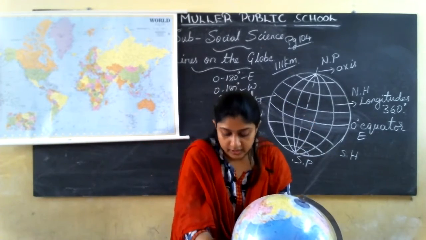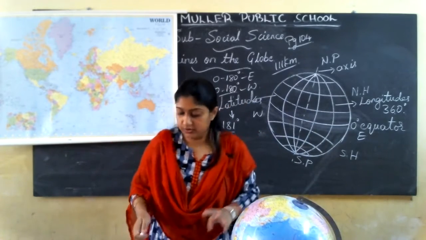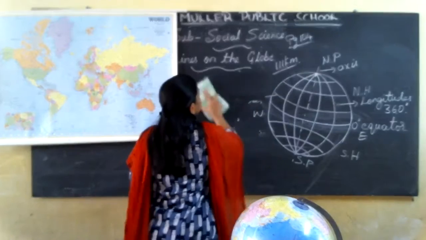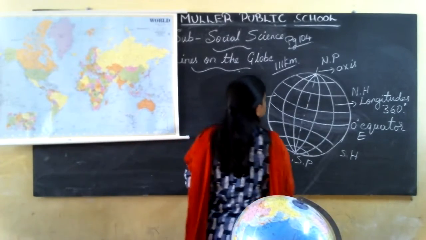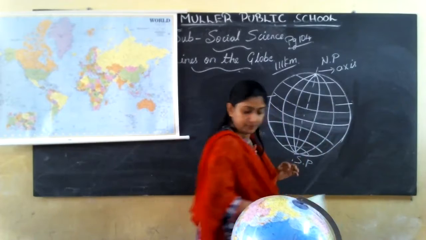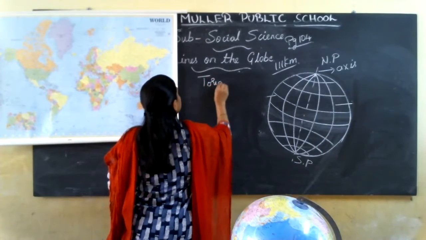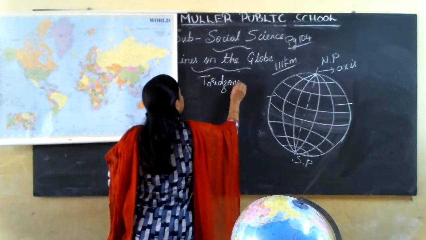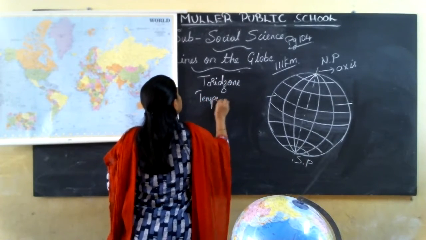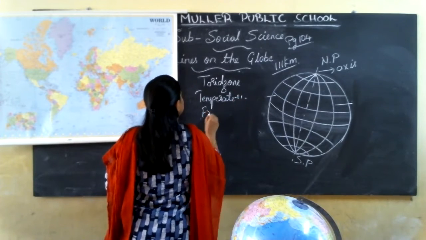So the earth is divided into three main heat zones: the torrid zone, the temperate zone and the frigid zone.